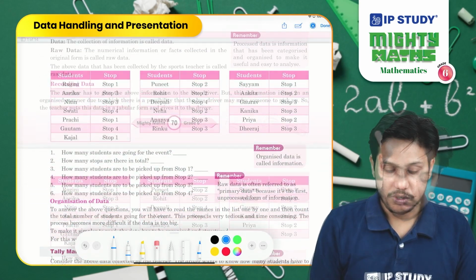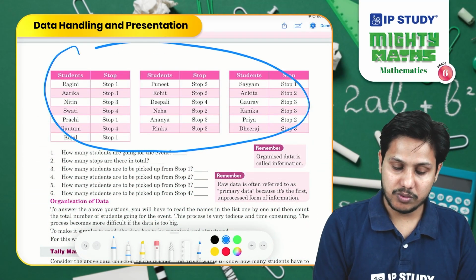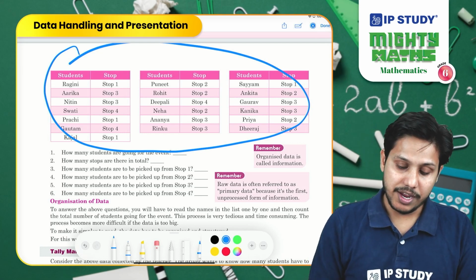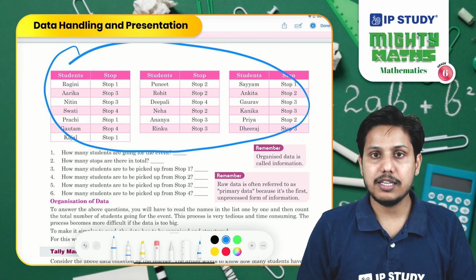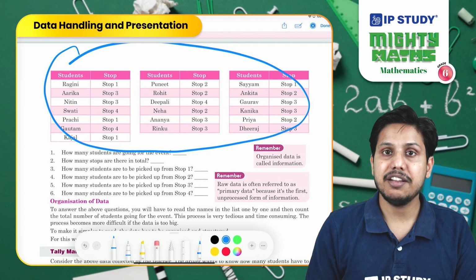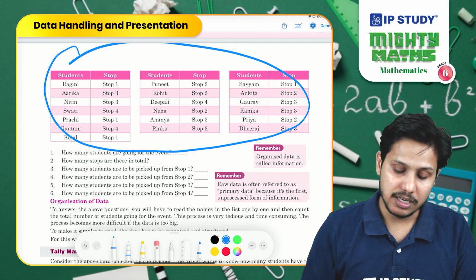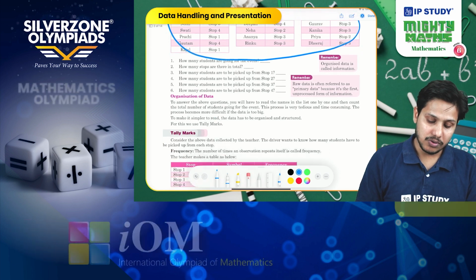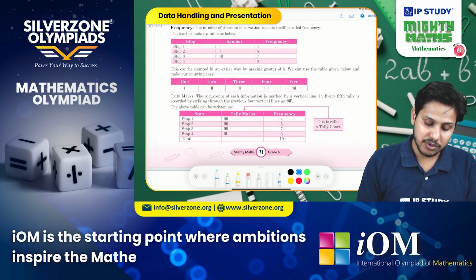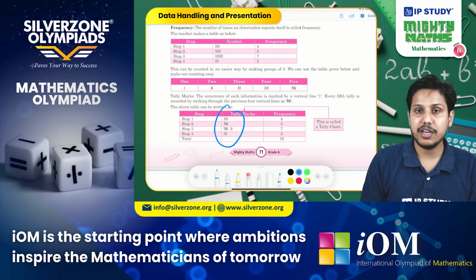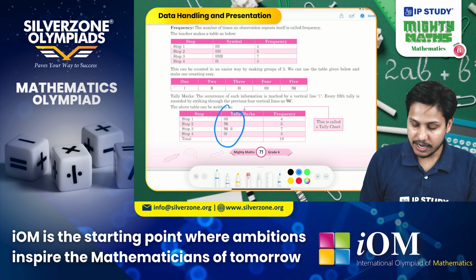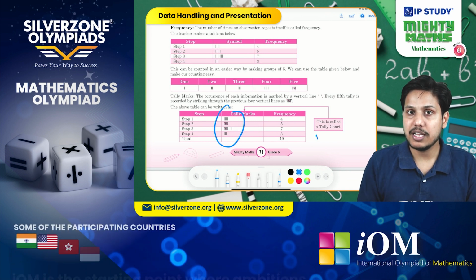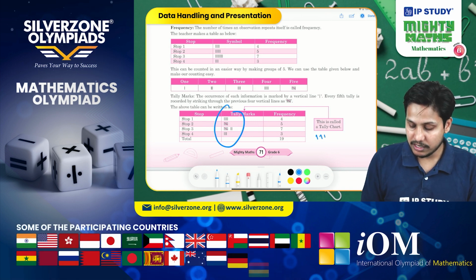Yes, so here is the list of students and their pickup stops. There is a lot of data that we need to look at and identify which students will be at stop 1 or how many students will be at stop 2. So how can we do that? We can do that using tally marks like this, where we represent the data by drawing vertical lines.